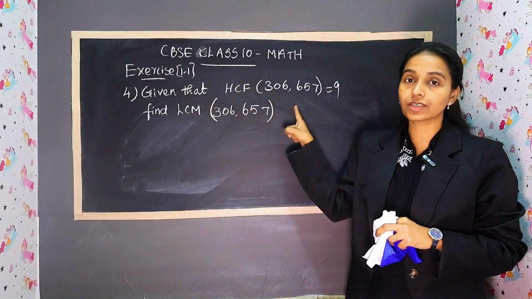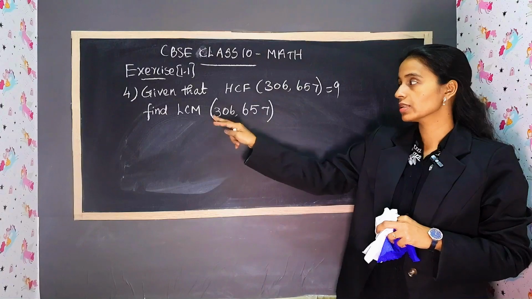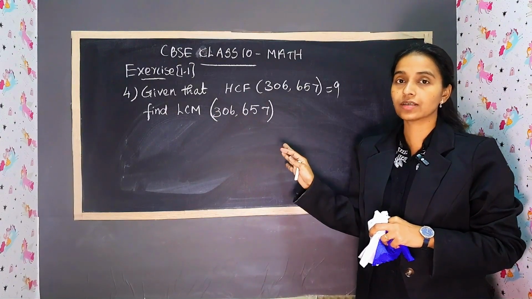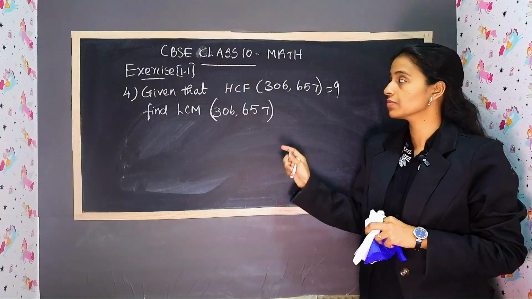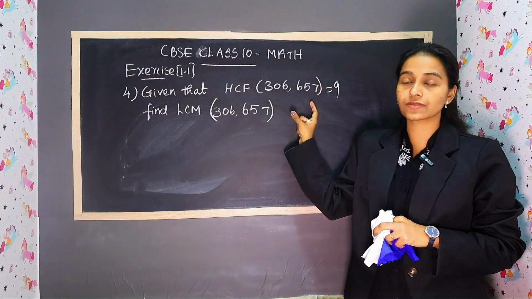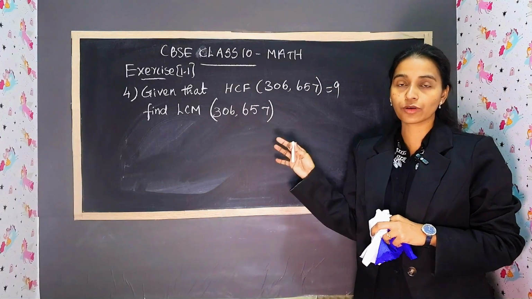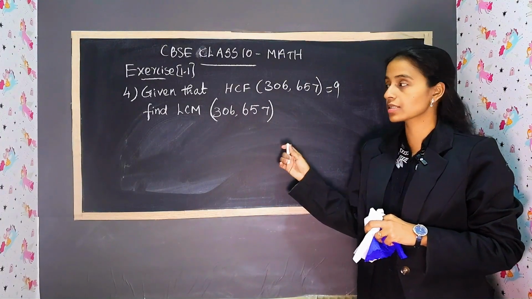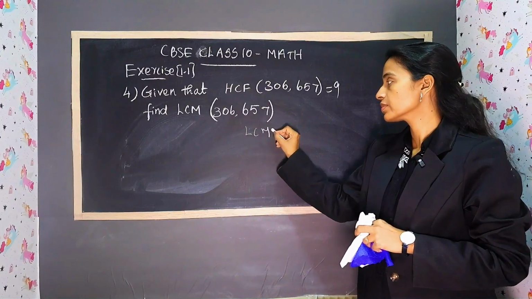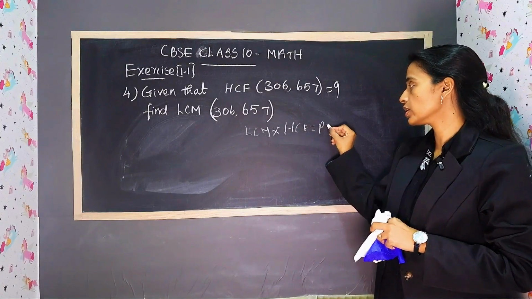HCF is already given. From this information only we are going to find out LCM. We are not going to use the prime method here because this HCF is already given. For that you have to remember one formula. Already we had discussed about this. The formula is LCM into HCF equal product of two numbers.